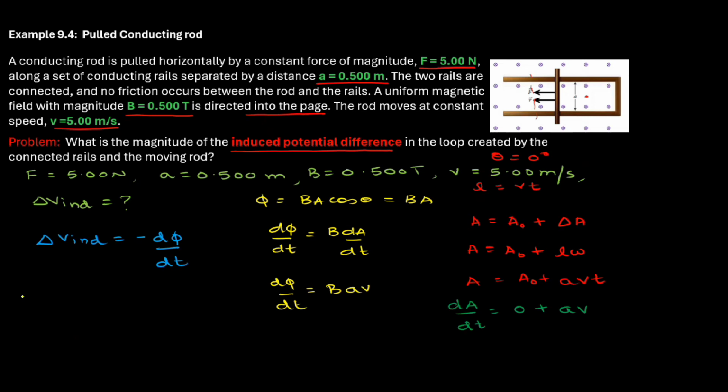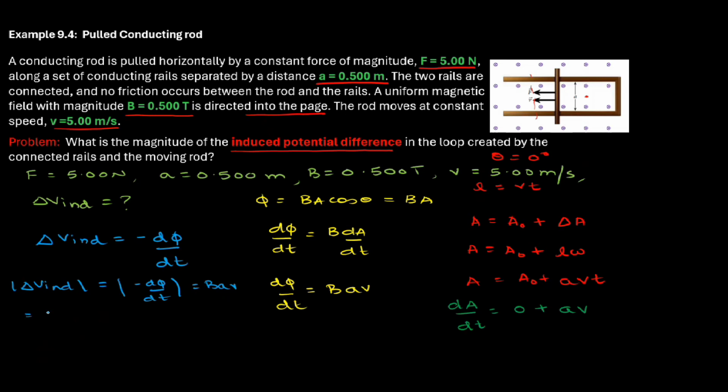And the same thing I will substitute here. Then we write the magnitude of V induced to be equal to the magnitude of negative d phi by dt, which is equal to BaV. When you just take the magnitude, just the value, you can remove the negative sign.